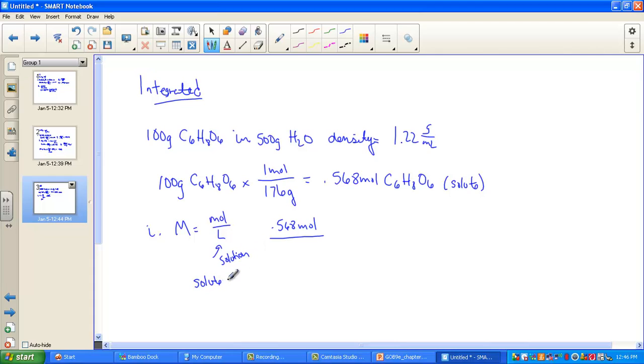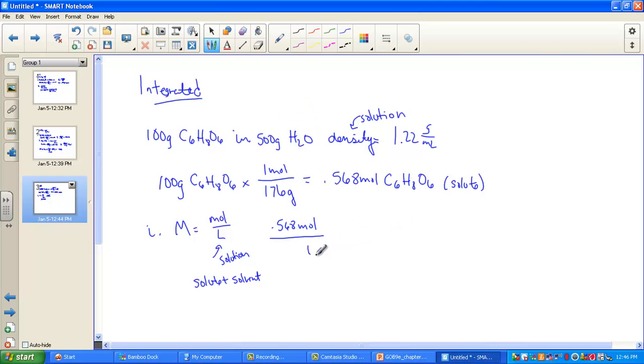It contains the solute and the solvent. So when I'm converting my grams of solute plus grams of water, we got to work this out to find total volume. Remember that this density is of the solution, not just of the water, not just of the solute, but when they're mixed together.